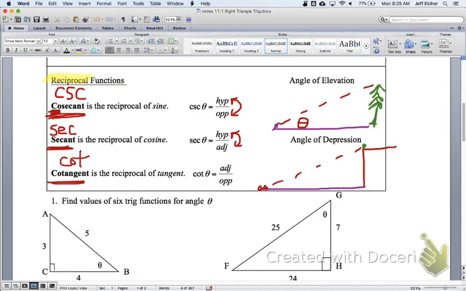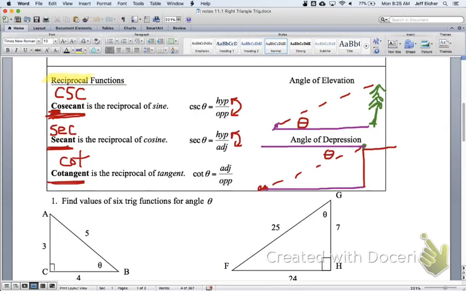For the angle of depression, which is congruent to the angle of elevation, you have to extend their line of sight this way, and their line of sight with this dotted line that they're looking down, this is the angle of depression.